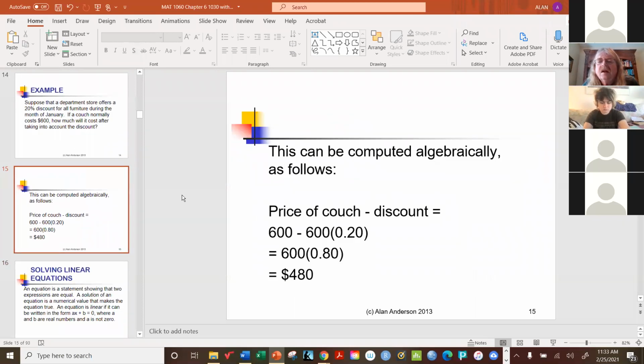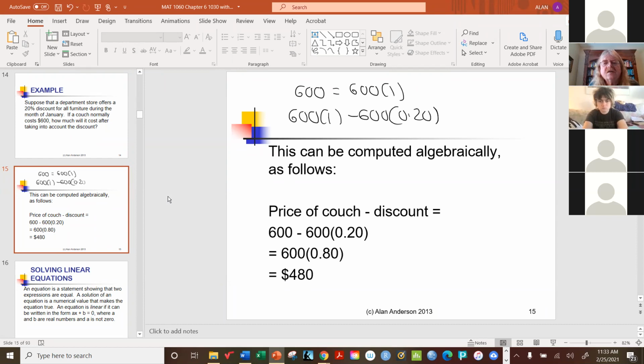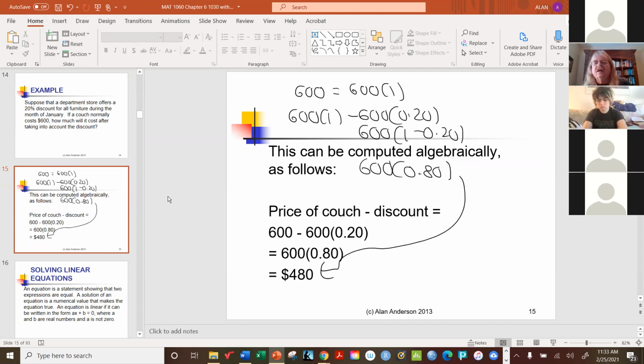And so, again, with the understanding that there's an implicit 1 here, 600 could be thought of as 600 times 1. So if I have 600 times 1 minus 600 times 0.20, what I've actually got here is 600 times (1 minus 0.20), which in turn is 600 times 0.8.